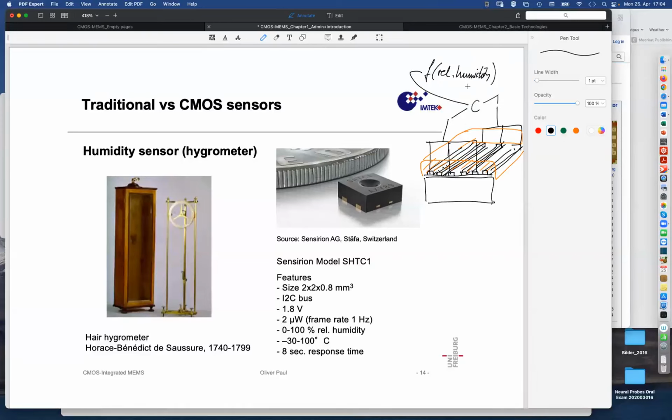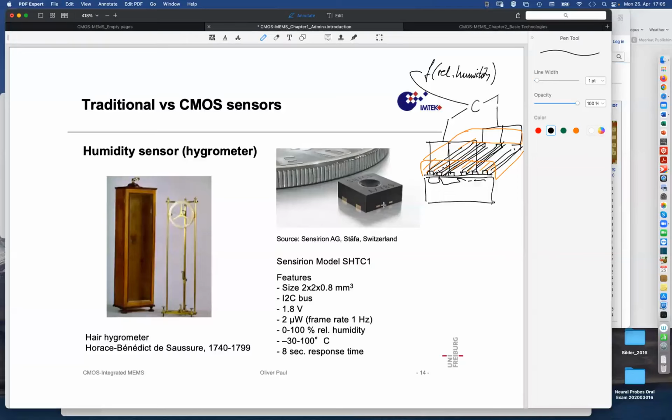Now you say, where is the CMOS? It's below, of course, because to detect changes of capacity, you need a system. And so on this same chip, there is a lot of microelectronic circuitry that does exactly that, to measure the capacitance, and then to deduce the humidity that is reigning around the chip. And you see that this chip is somewhere embedded down here.